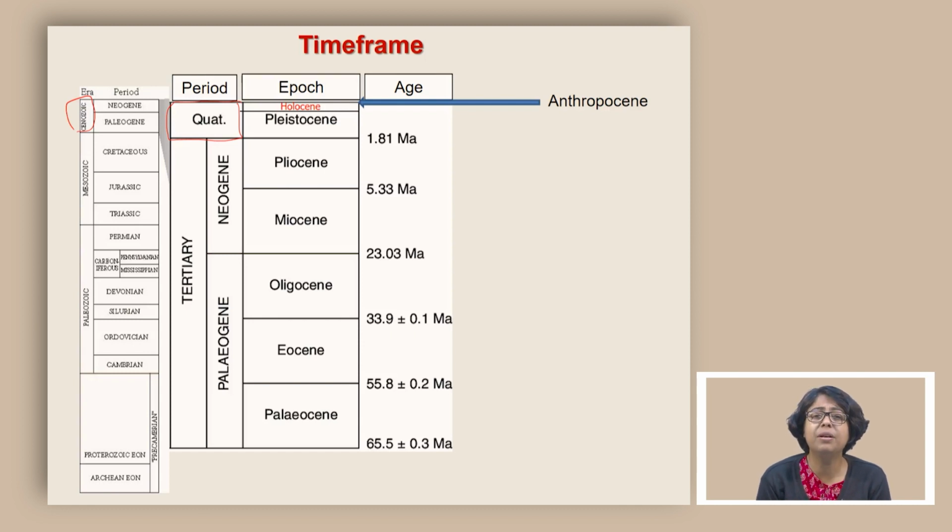This Industrial Revolution made an important change in the environmental configuration, and therefore, people started to think of the most recent time being called Anthropocene because of considerable human impact on the environment.